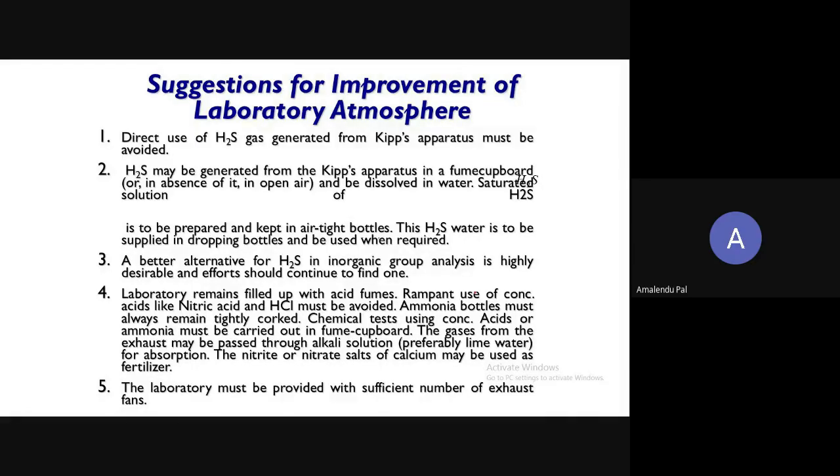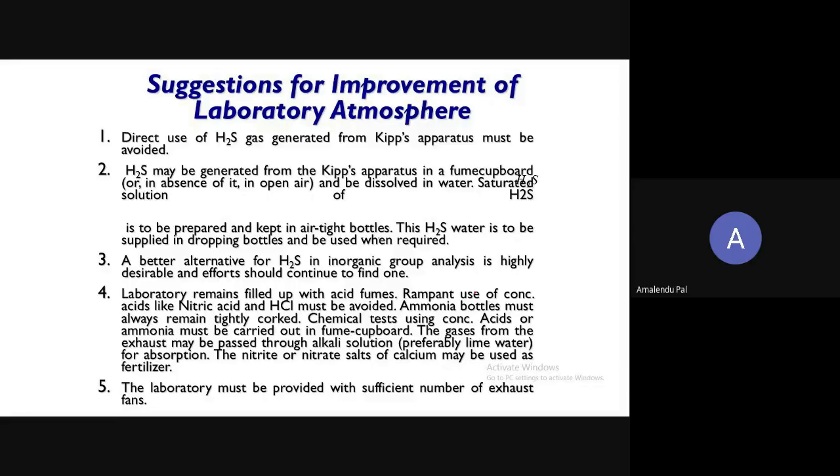So H2S gas does not come directly into the lab. It is prepared outside the lab. They have put in pipe lines, and this is a good one. As H2S is very toxic, it is not good to use it directly.